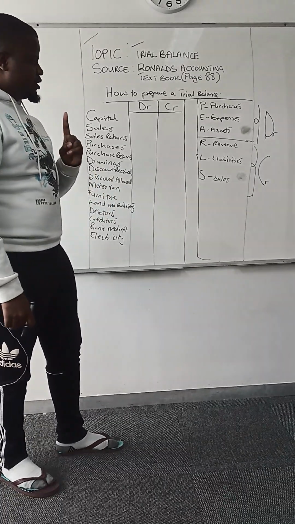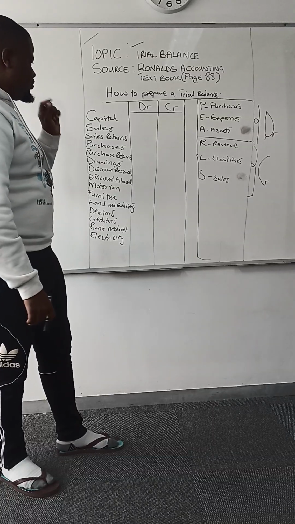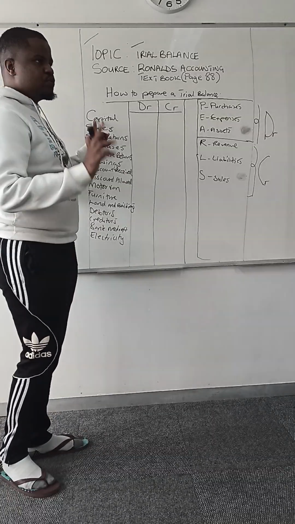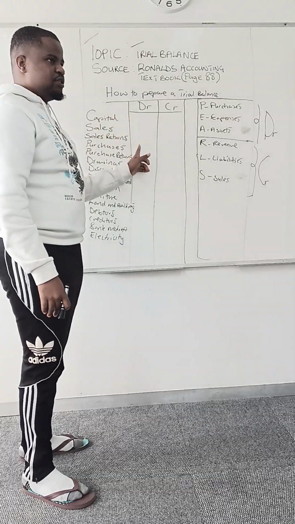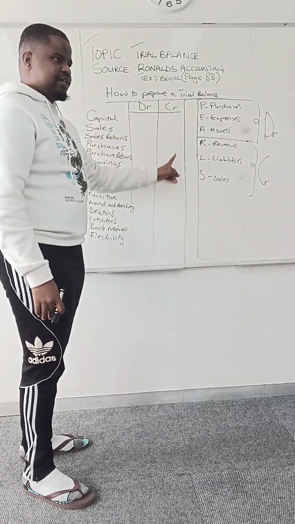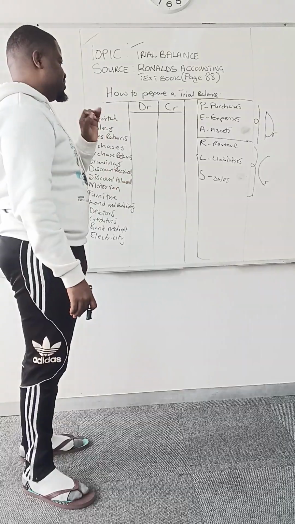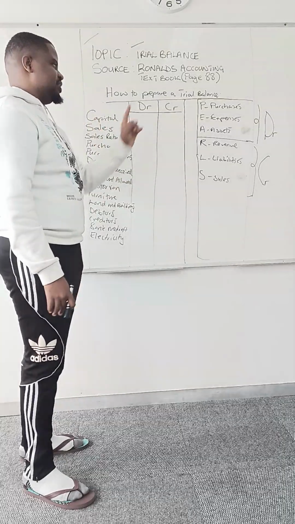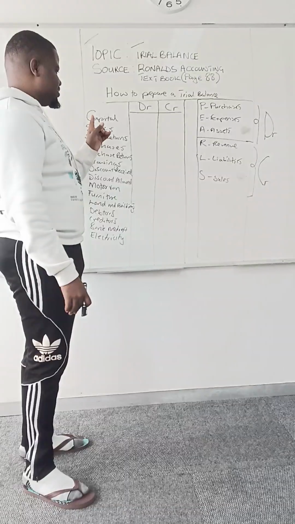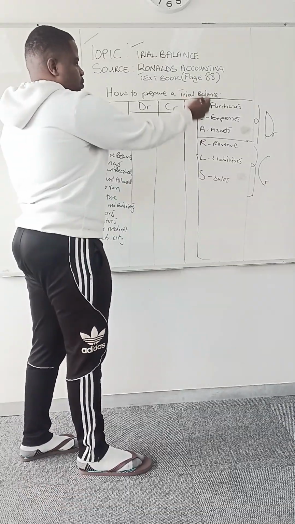Remember I said, for example, capital. We want to see whether we are going to post capital on the debit side or on the credit side, or the side that capital maintains in the trial balance. The first thing is to put capital on PEWS.